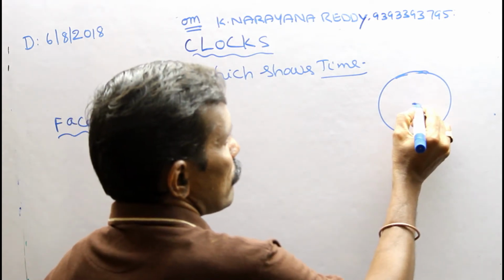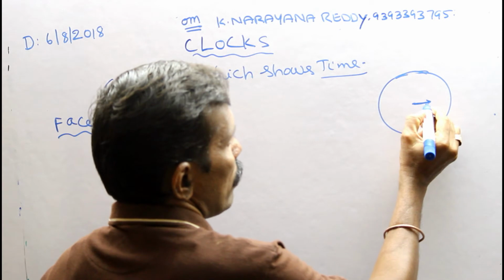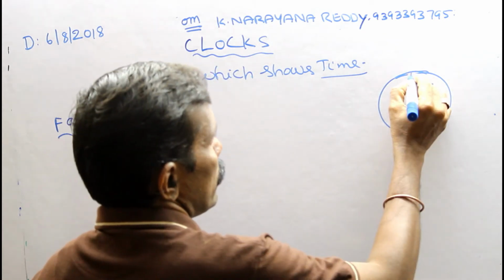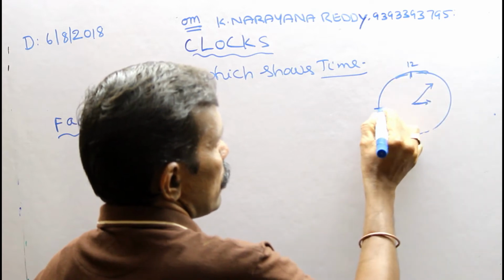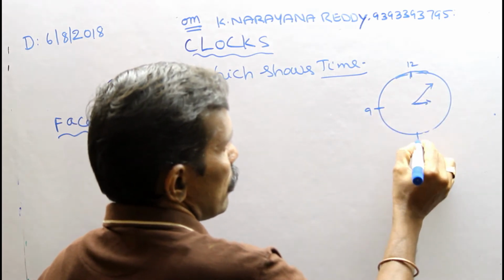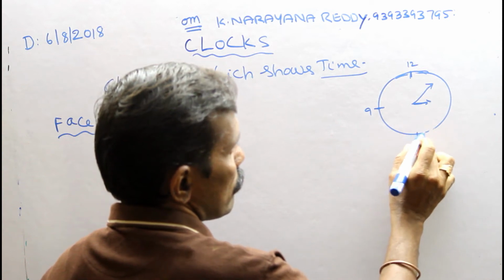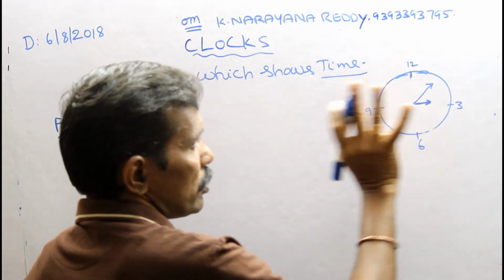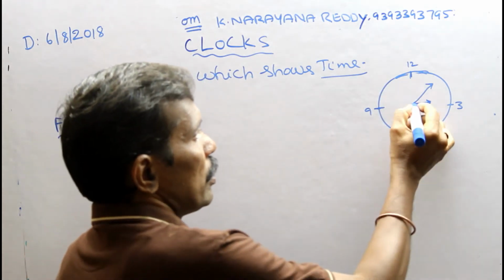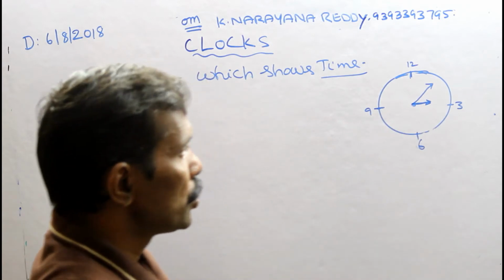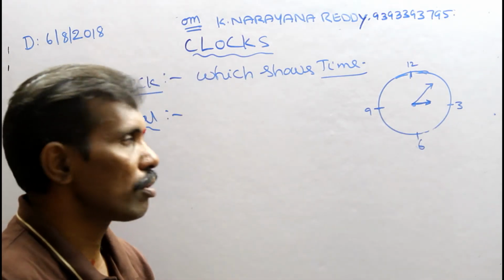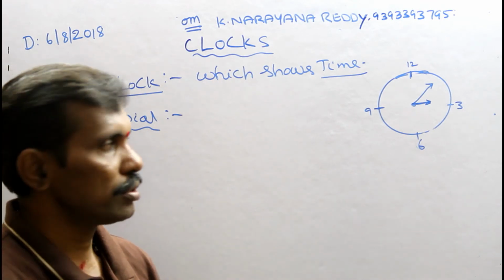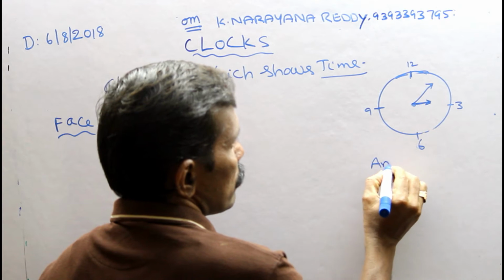That is the hour hand, that is the minute hand. This is 12, this is 9, this is 6, this is 3. This is a rough diagram, this is the center. So this is the general figure of an analog watch.